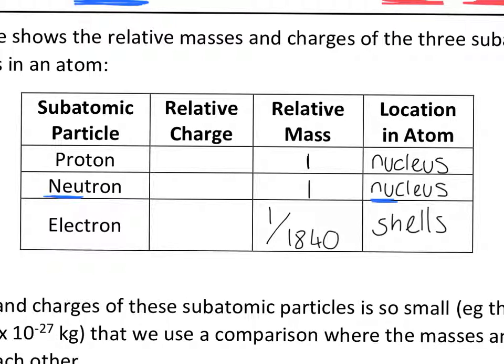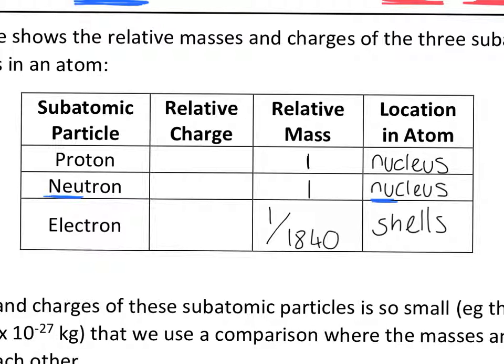Okay, so what about the relative charge now? Again, the exact charge, and you've just come from physics, so this would probably make more sense to you than me, but the actual charge of a proton is really, really small. But again, we use relative charges to compare the different subatomic particles because those values are so small.